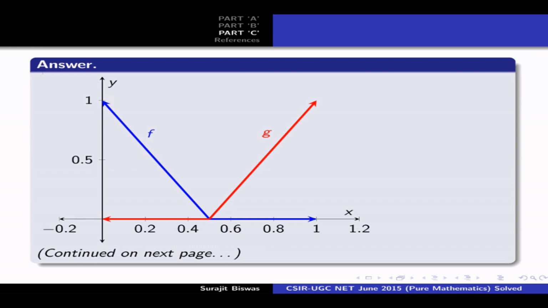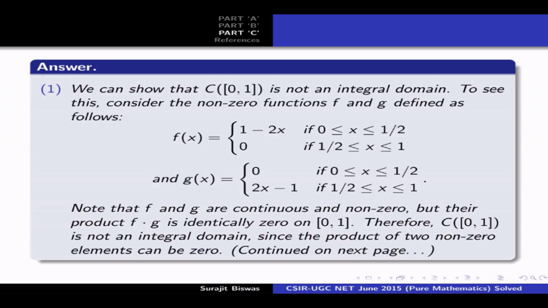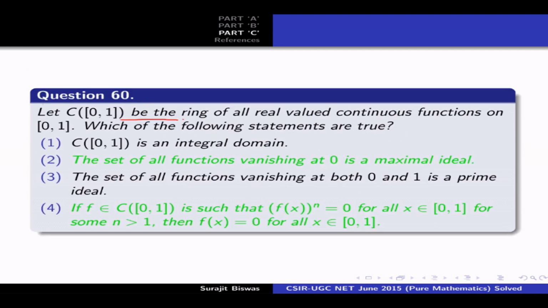And similarly the other one is just the mirror image of this red line with respect to x equal to half, and these are explicitly the two functions f and g. Note that f and g are continuous and non-zero, but their product f·g is identically 0 on [0,1]. Therefore C[0,1] is not an integral domain, since the product of two non-zero elements can be 0. Okay, so this is not true.